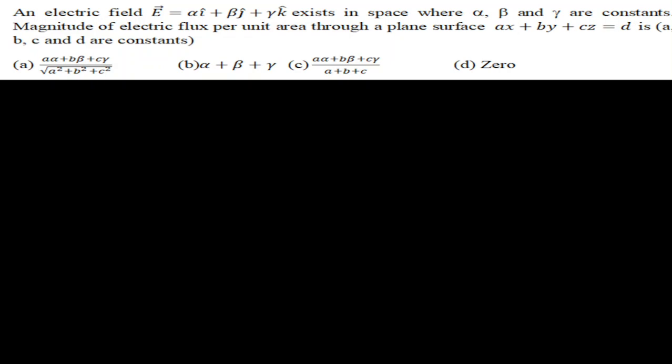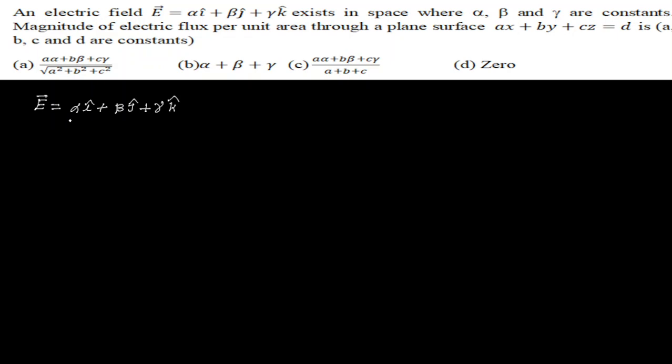So here we have an electric field E equal to alpha i cap, beta j cap plus gamma k cap, where alpha, beta, gamma are constants.